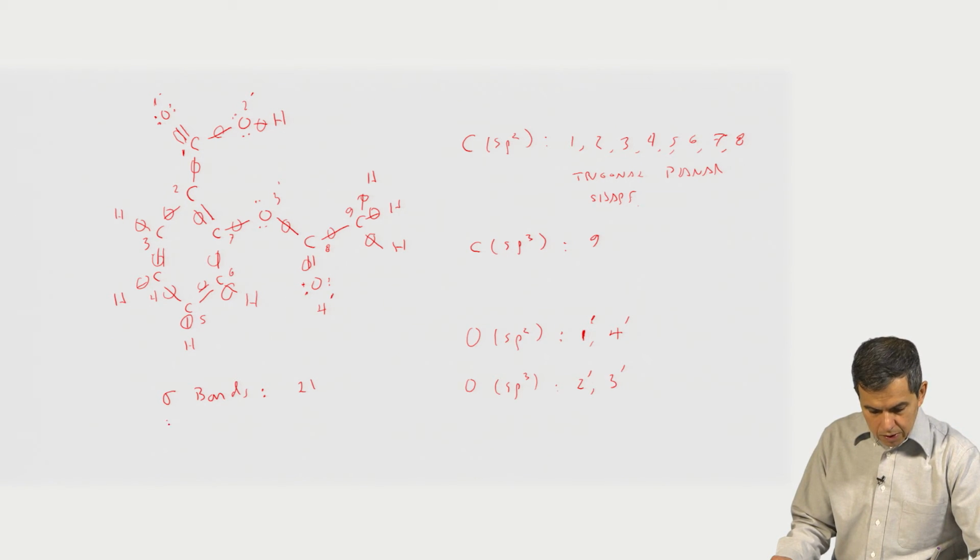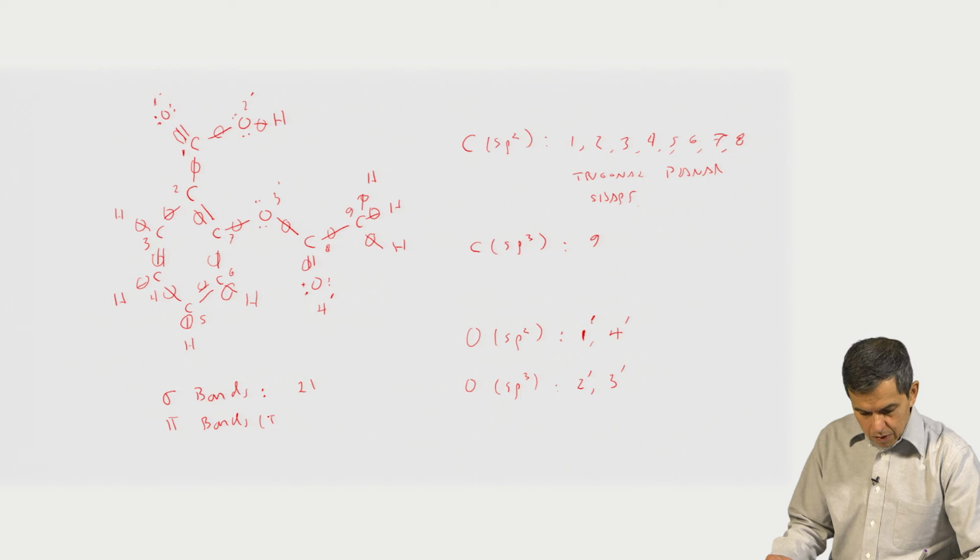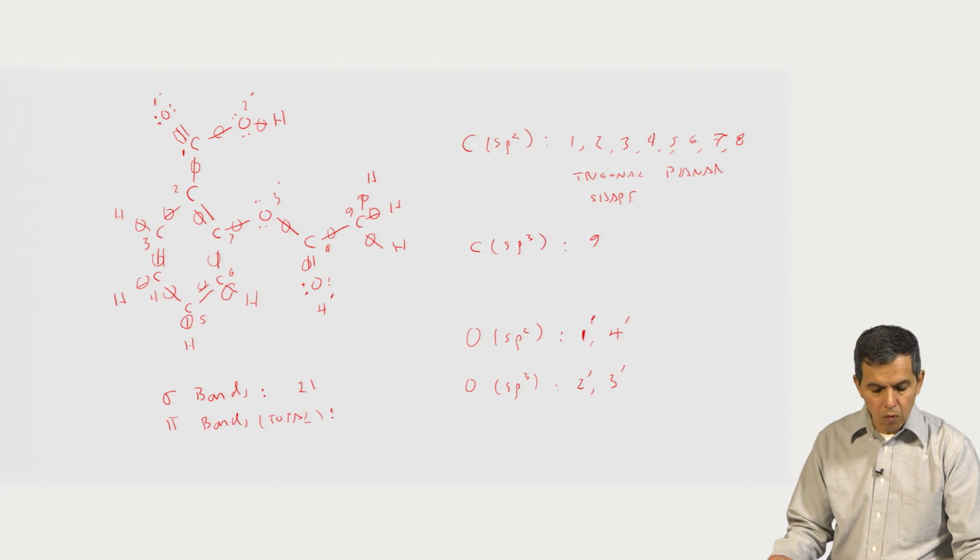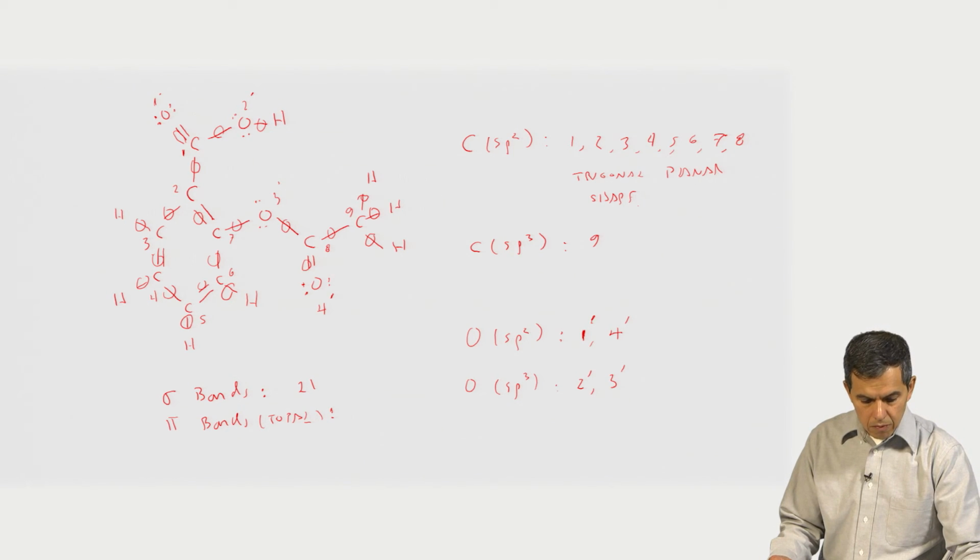Total pi bonds: we count where double bonds were present, and each of them contributes 1 pi bond. 1, 2, 3, 4, 5 pi bonds.